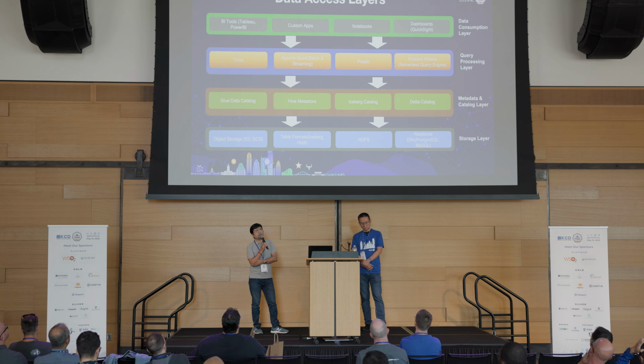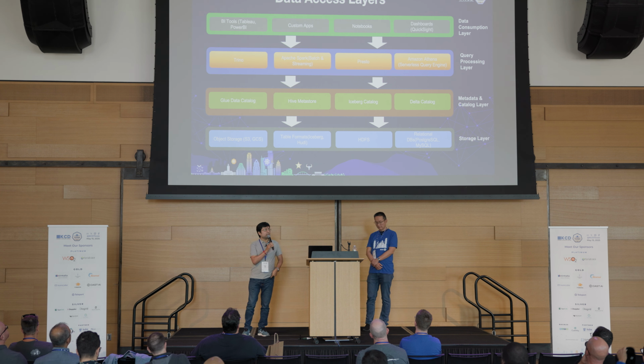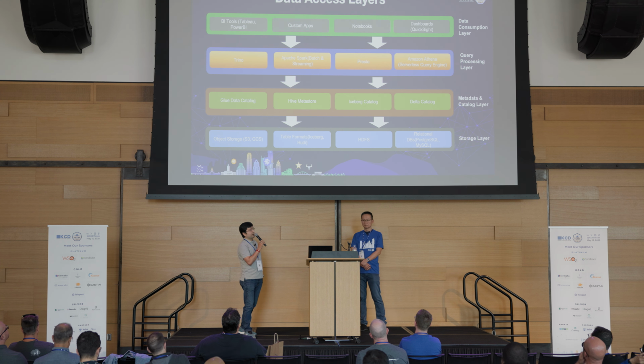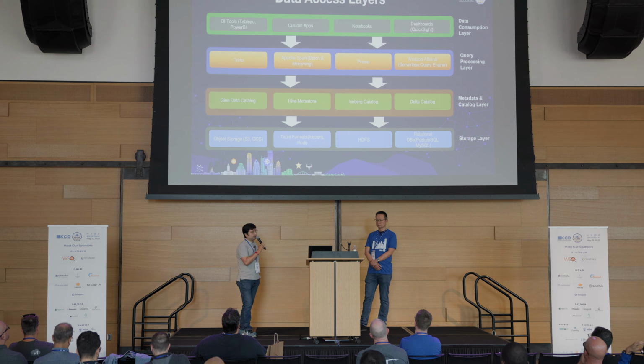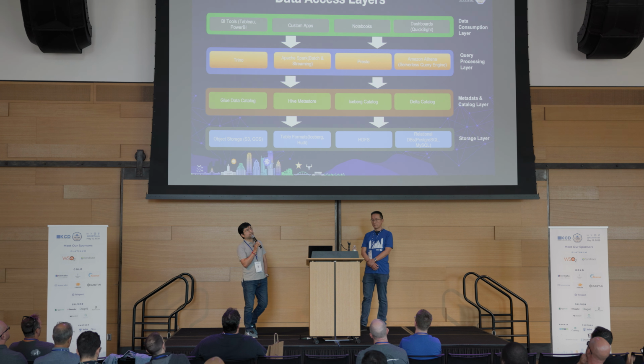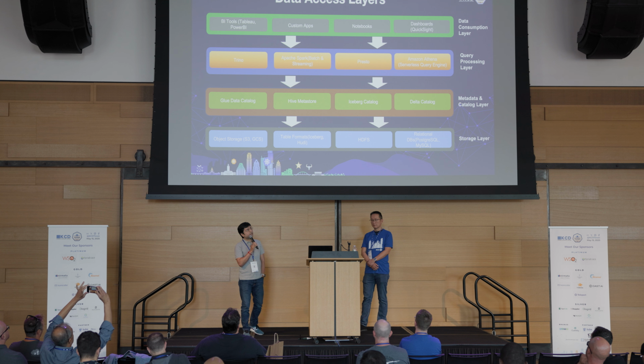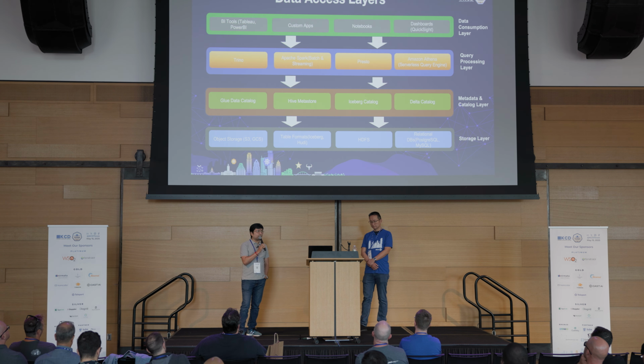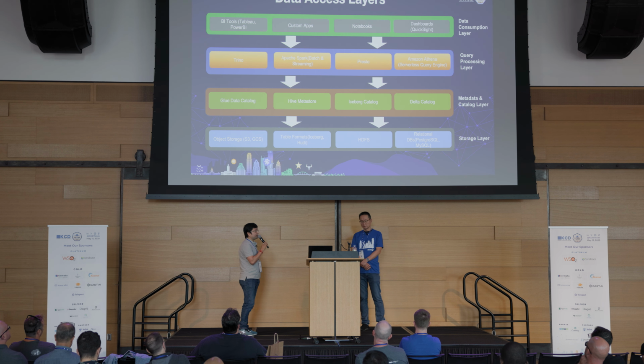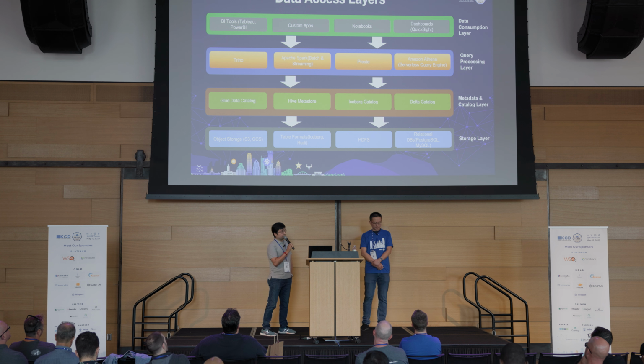Because when you are dealing with this massive scale of data, you need a solution like Hive or Glue to properly catalog your data. That means some of the data governance aspects, things like data quality, the contextual data, so that you are dealing with the right sort of data for your applications. You're not dealing with garbage data. So all of that is taken care of at the catalog level.